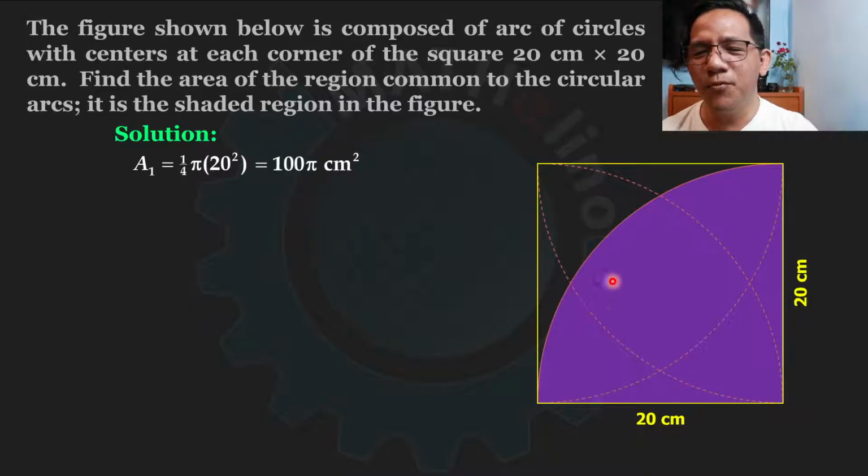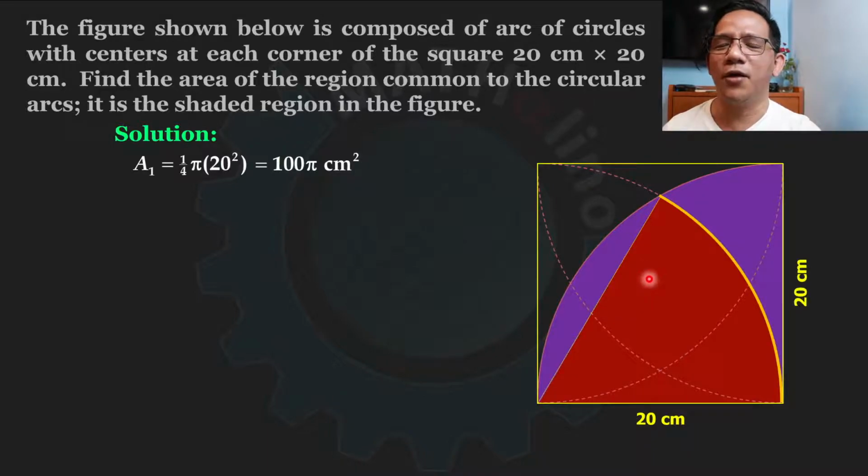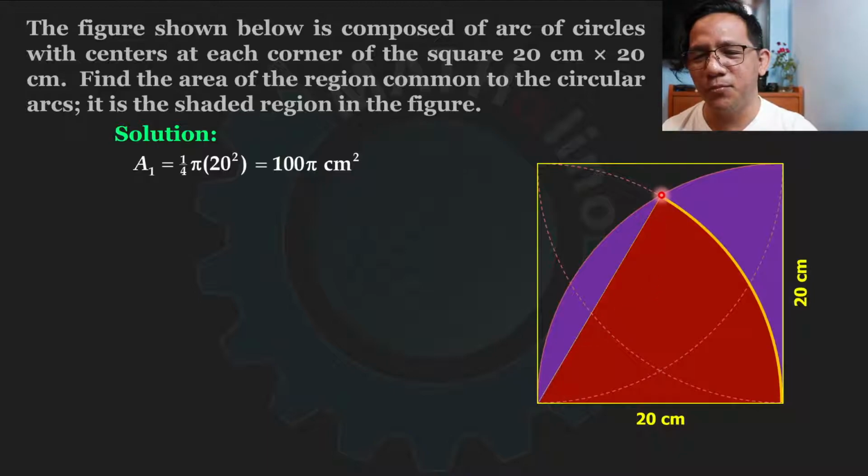And let us remove this sector of a circle. We already know the radius of this sector of the circle, but how about the central angle here? If you want to do that in trigo, you can drop a line here from this point up to that point.